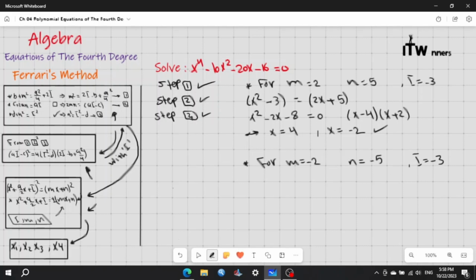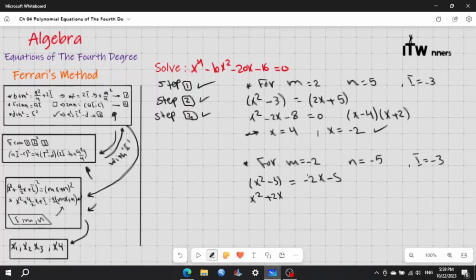So we have here x squared minus 3 will be equal to -2x minus 5. So we have x squared plus 2x plus 2 equal to 0.